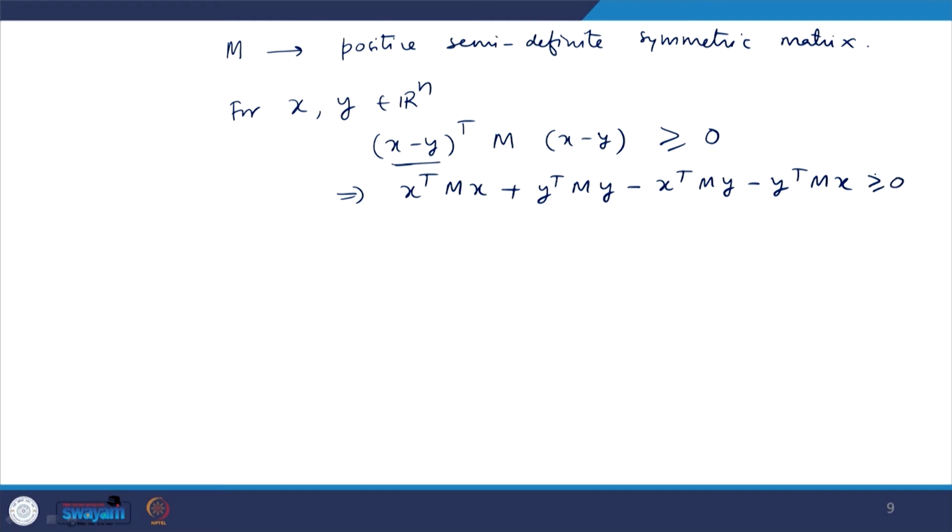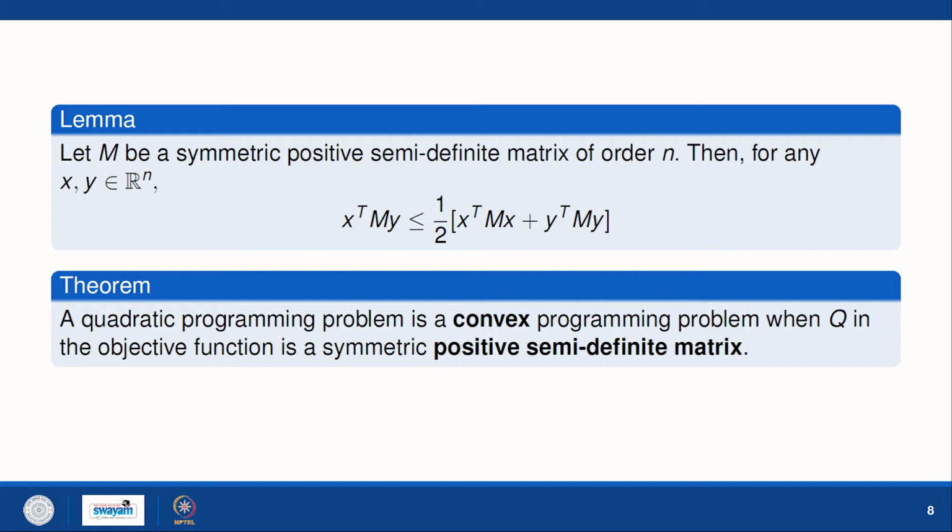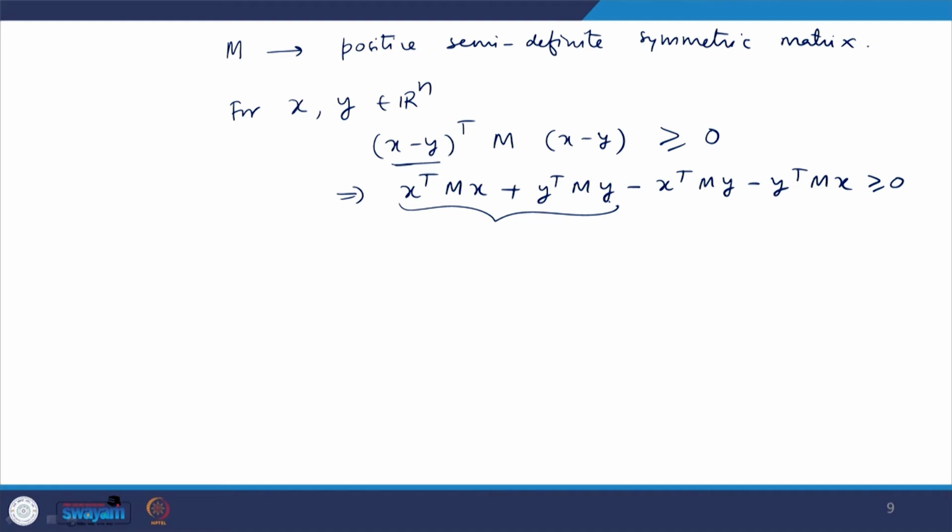This is required in the proof. So, now let us focus on this part. What is y transpose M x? It is basically a real number, a scalar, in R. If it is in R, it will be equal to its transpose.